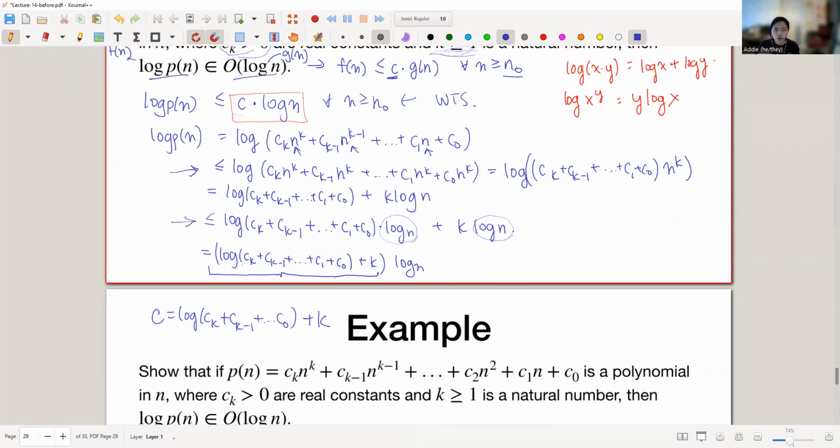So when do these two inequalities hold? Well, this one is going to hold as long as n to the k is greater than 0, so as long as n is greater than 0. This inequality holds as well at n greater than 0, but I think this one holds at n greater than or equal to 1.